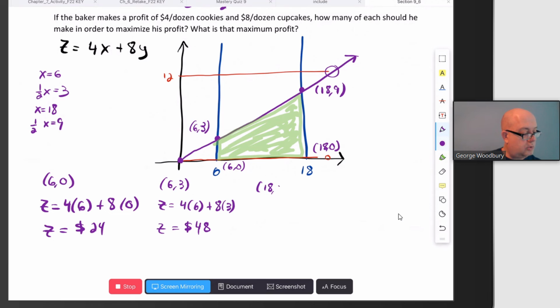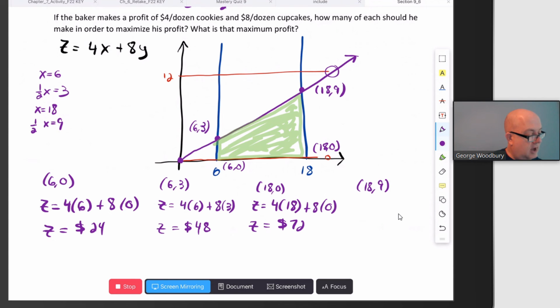The third corner, 18, 0: Z equals 4 times 18 plus 8 times 0. That's 72 plus 0, or $72. So far, he would make the best profit by baking just 18 dozen cookies and no cupcakes. But we've got one more to go, and we know that by adding on those extra cupcakes, we're going to be adding on some profit.